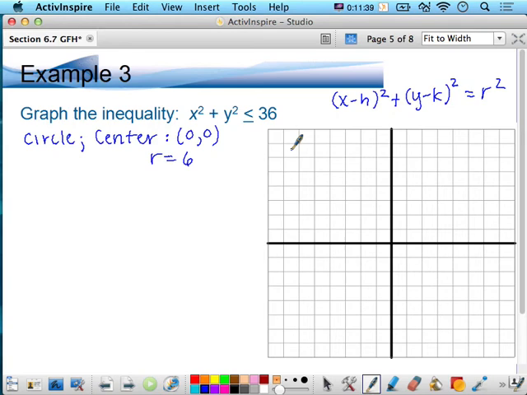So I need to decide whether it's solid or dotted. Solid. Okay, so I graph a solid circle centered at 0, 0 with a radius of 6. 1, 2, 3, 4, 5, 6 in each direction.